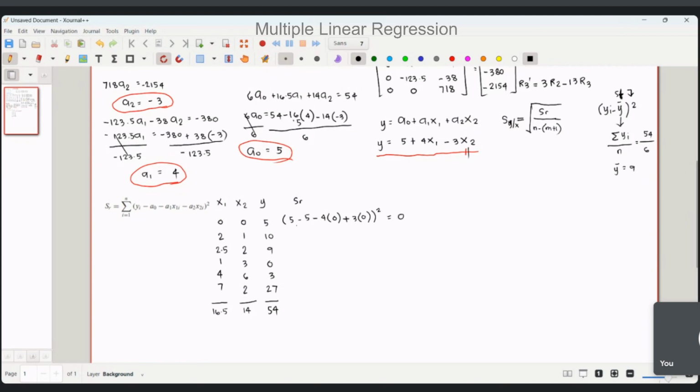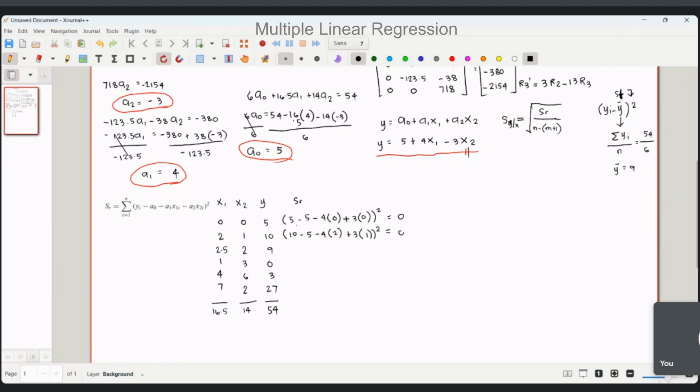0, 0, 0, 0. Sakto ba, class? Yes, miss. Sakto. 10 minus 5 minus 4 times 2 plus 3 times 1. So this is 3, 8. So that's negative 5. 5 minus, sakto ba class? 0 gyapon miss.